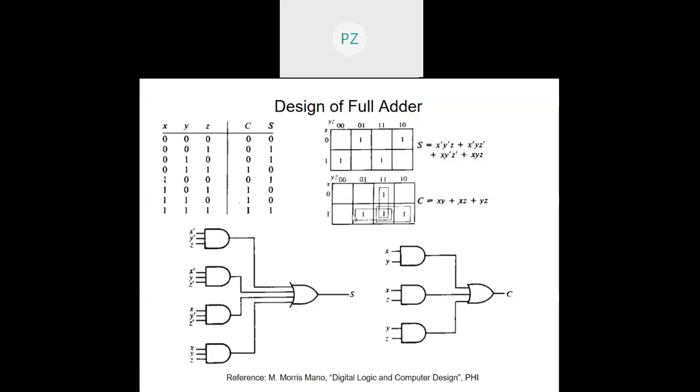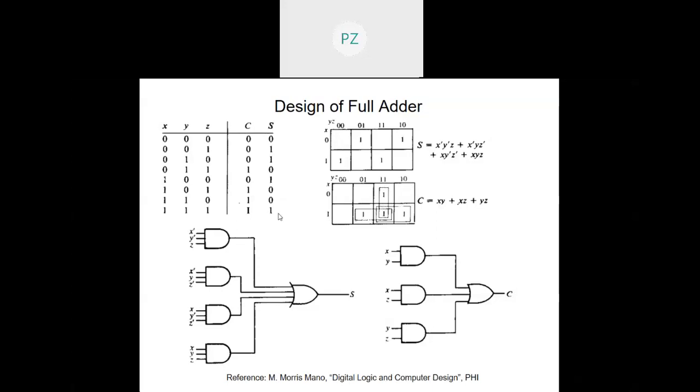This combination is possible over here, y gets eliminated, xz. Now this combination again, x and z get eliminated, y. So I get xy plus xz plus yz. So minimization is possible in C, but there's no minimization possible in S.